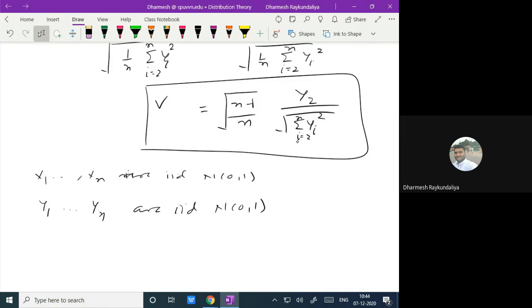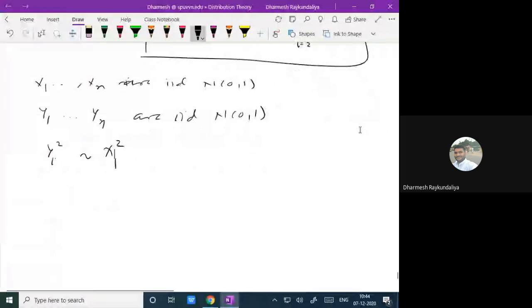Denominator, summation yi square is a chi square with 1, because normal square is a chi square. Because y1, y2, yn are independently distributed, summation yi square with i running from 2 to n is nothing but chi square distributed with n minus 1, by using the additivity property of chi square distribution.